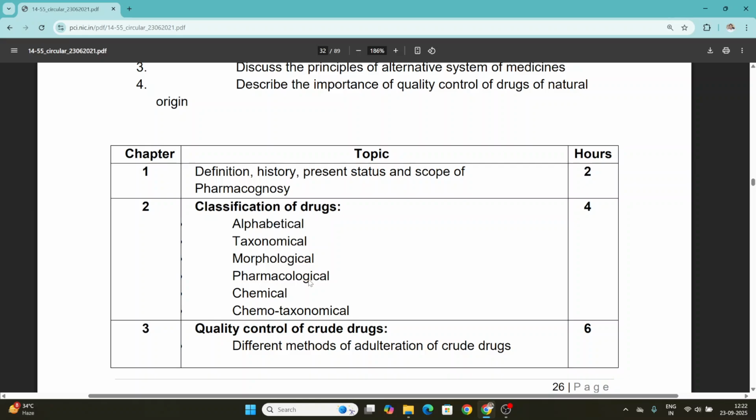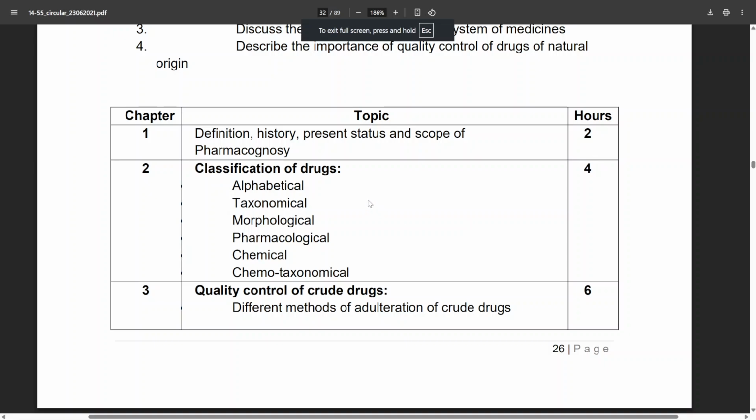Now take a look at the syllabus. Chapter 1, definition, history, present status and scope of pharmacognosy. Chapter 2, classification of drugs: alphabetical, taxonomical, morphological, pharmacological, chemical, chemotaxonomical.